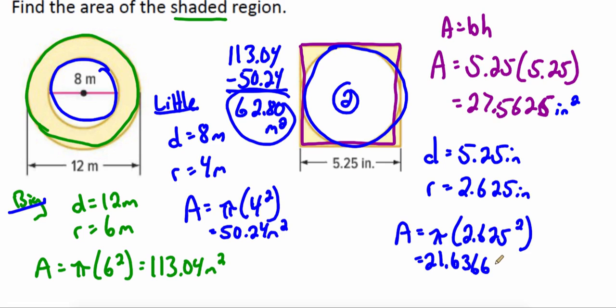And then when we're done, remember, take the big area minus the little. So 27.565 minus 21.6366. Going to subtract them.